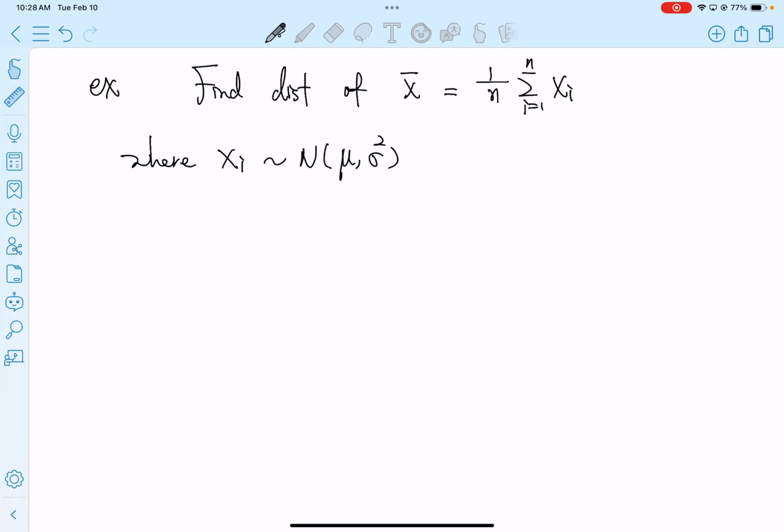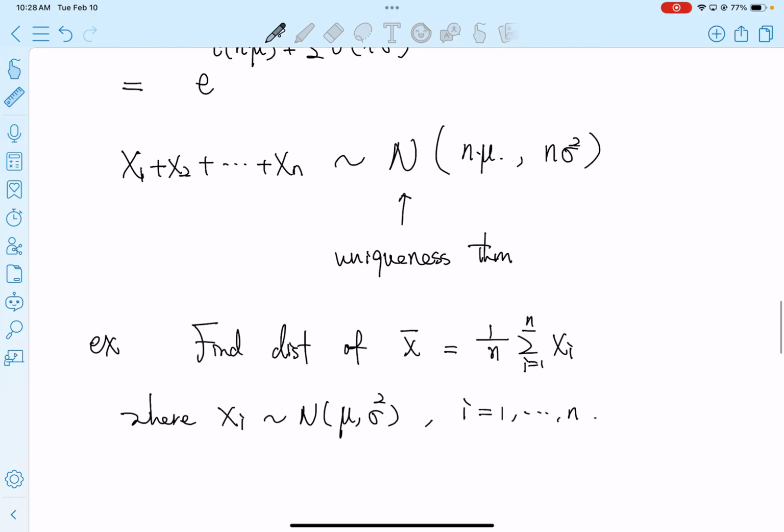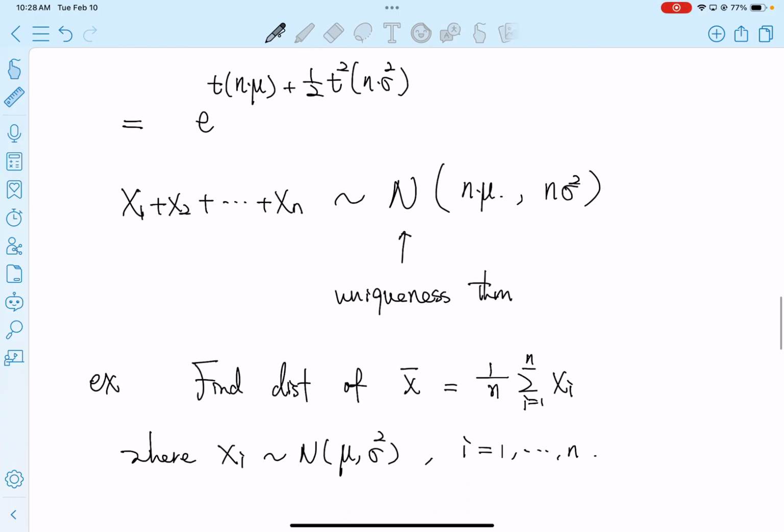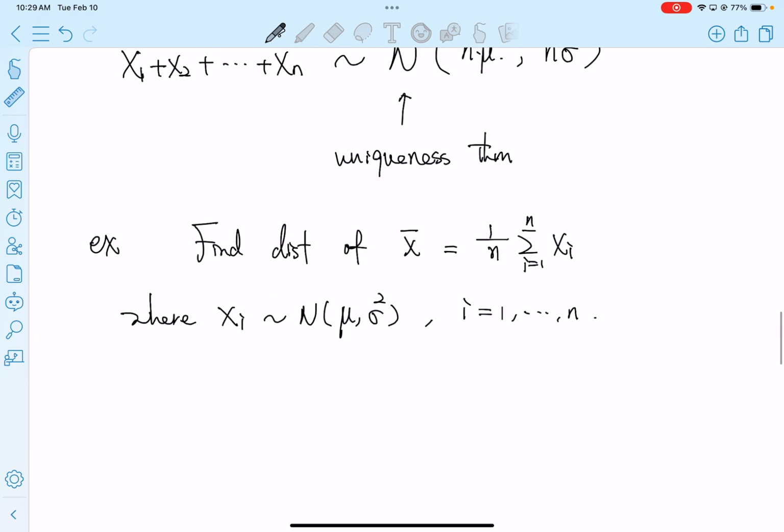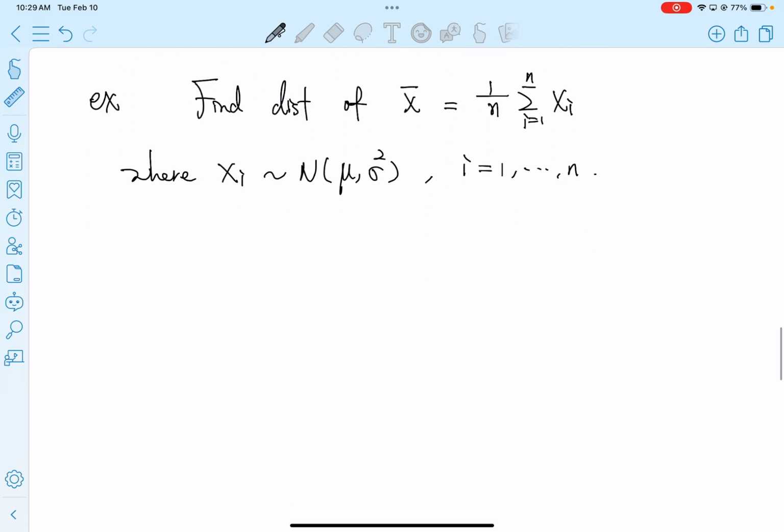So again, we have n variables, each of them following a normal distribution. The previous example is that we identified that the sum of n normal random variables follows a normal. So the follow-up question here is: what is the distribution for that average?